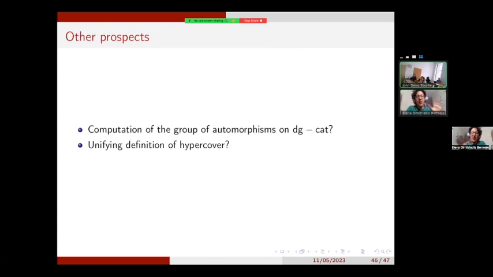And then a couple of more far away prospects. One of the interesting things about complete Segal spaces, the classical ones, is in an article from 2004, if I remember correctly, Toën used complete Segal spaces to compute the group of automorphisms of infinity categories. We found that the group of automorphisms is just Z over 2.